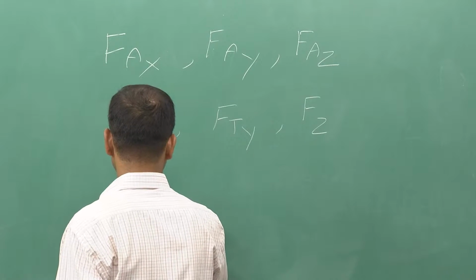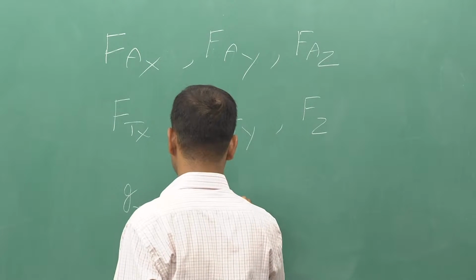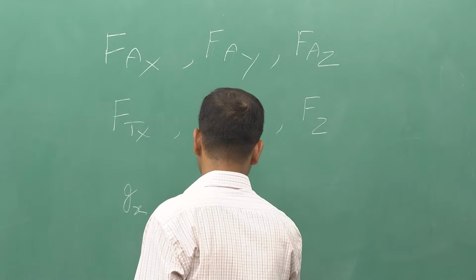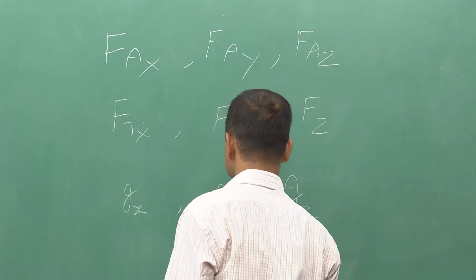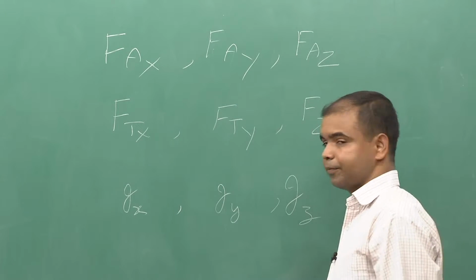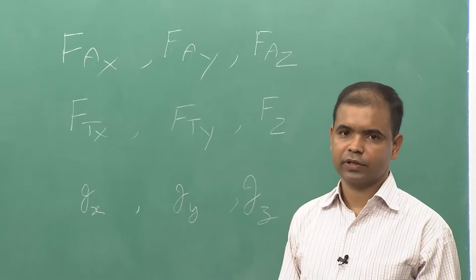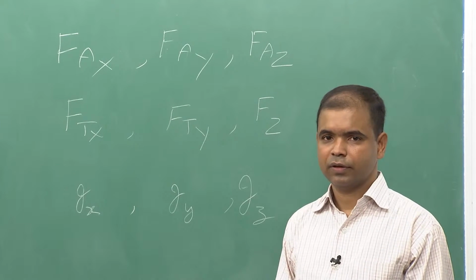You know the orientation and mass. So, using the g x, g y and g z, the gravity components in x, y and z direction, you can calculate the gravitational force acting on the aircraft in all three axes.